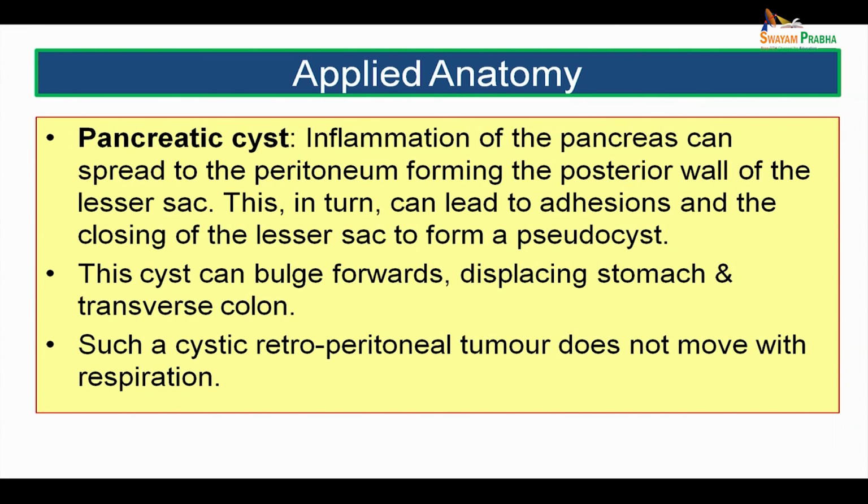This cyst can bulge forwards, further displacing the stomach and the transverse colon. Such a cystic retroperitoneal tumor will not move with respiration. So, that is a pseudocyst of the pancreas or a pancreatic cyst.